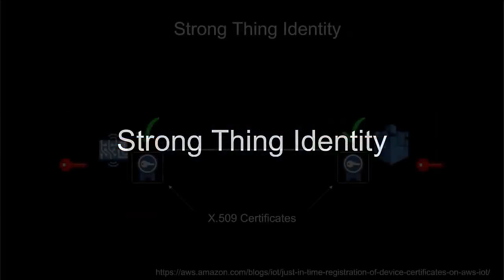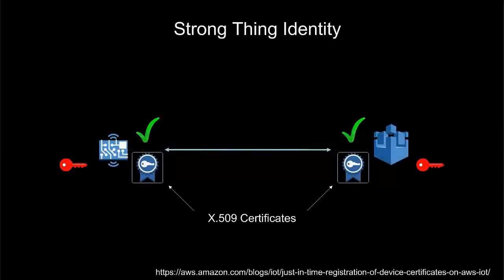And then on thing identity, well, this is where your X.509 certificates and your certificate authorities, or CAs, come into play, and you get this trust hierarchy that can be established. With that trust hierarchy, you can take control of generating your own cryptographic materials, creating and signing your own X.509 certificates. You can establish a trust relationship between the certificate authority that you run and the AWS IoT service.